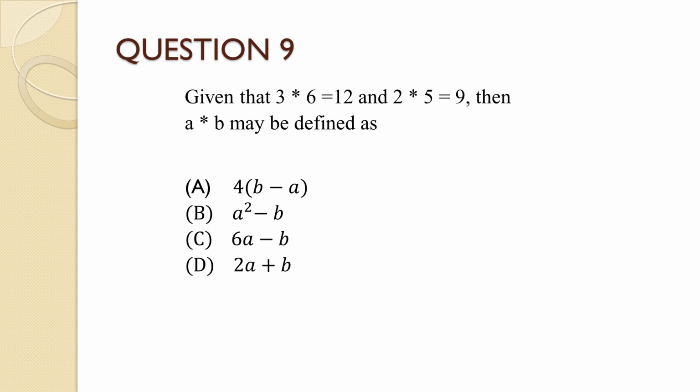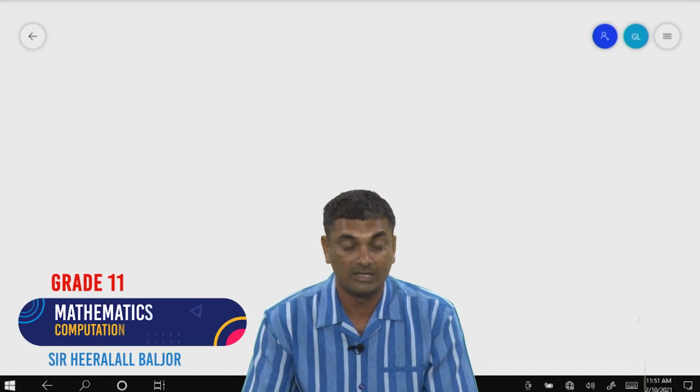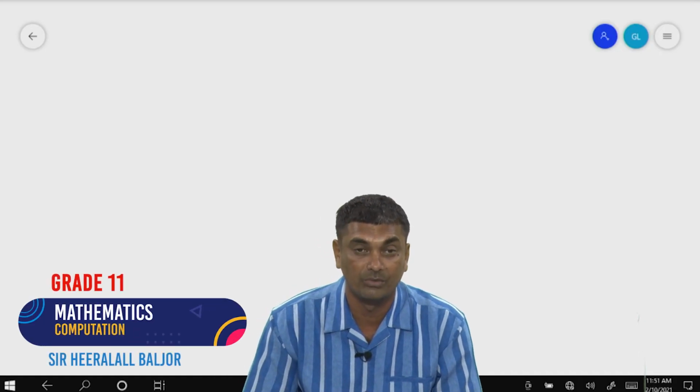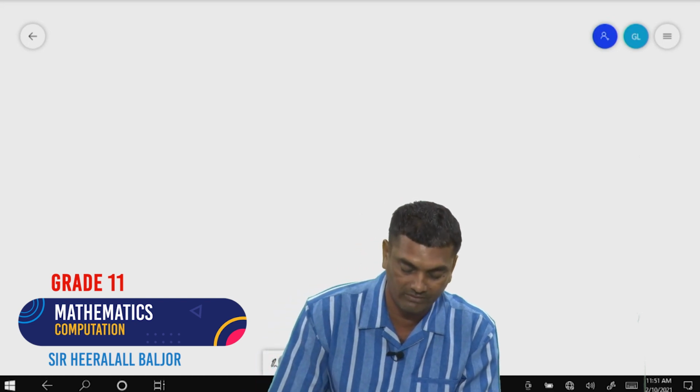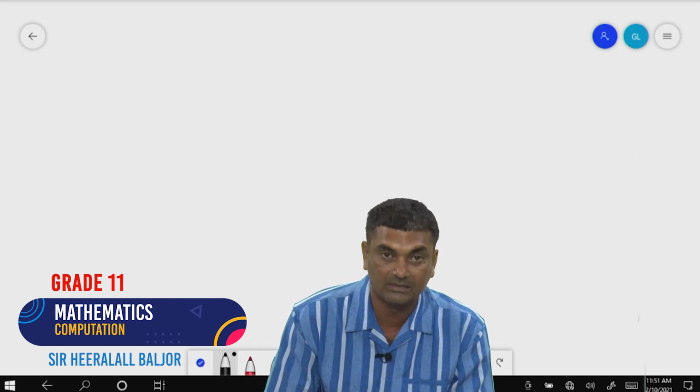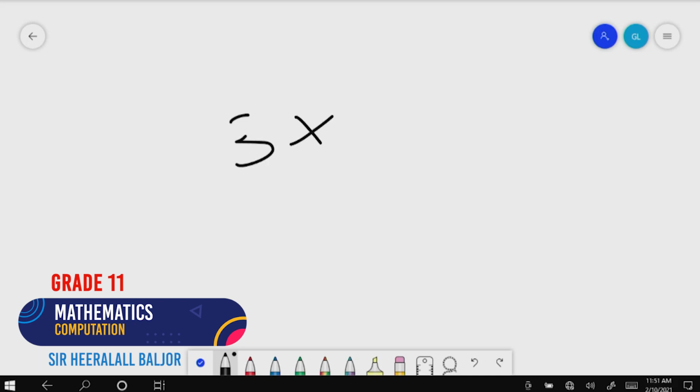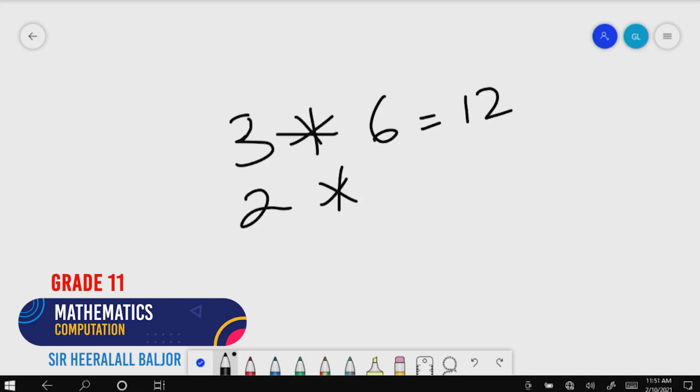Given that 3 operation 6 equals 12 and 2 operation 5 equals 9, then A operation B may be defined as. And in this question, we were not given what the operation is. We are asked to find the operation. However, they give us some clues: when 3 operation 6, the result is 12, and when 2 operation 5, the result is 9.